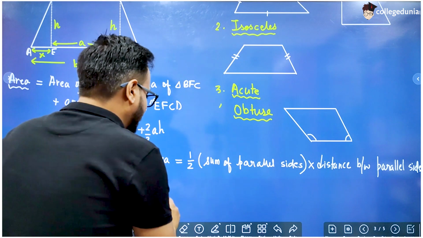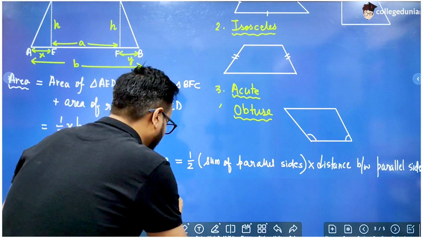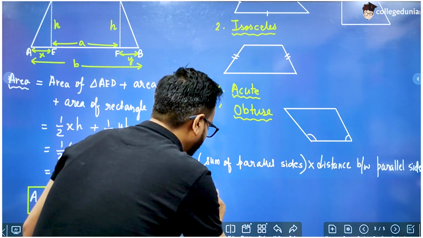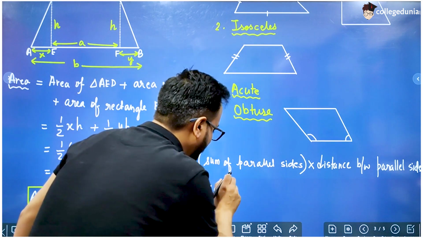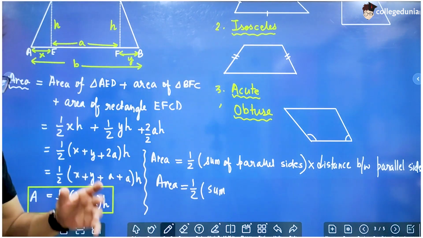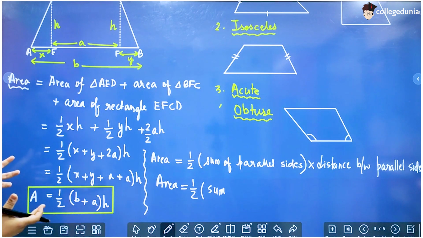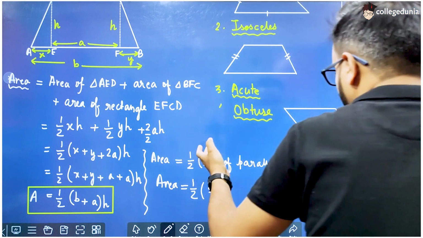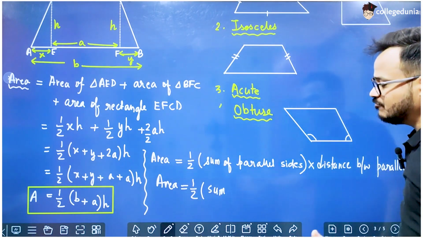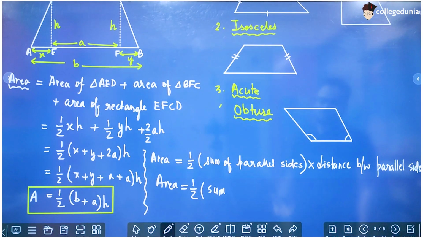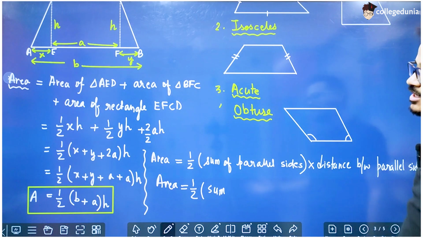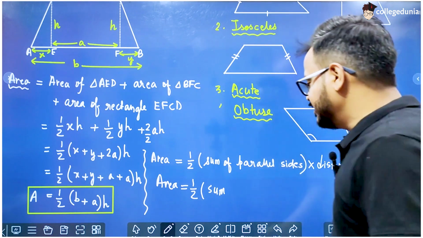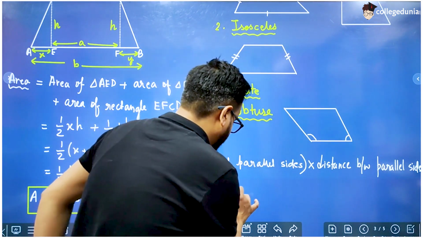So the area is half into the sum of parallel sides into the distance between parallel sides. I am writing all the forms because the formula is the same, but different books write it in different ways. Some students know that the formula is half into sum of parallel sides into distance between parallel sides, or some say it is half into sum of parallel sides into height, but both have the same meaning. So this must be understood.